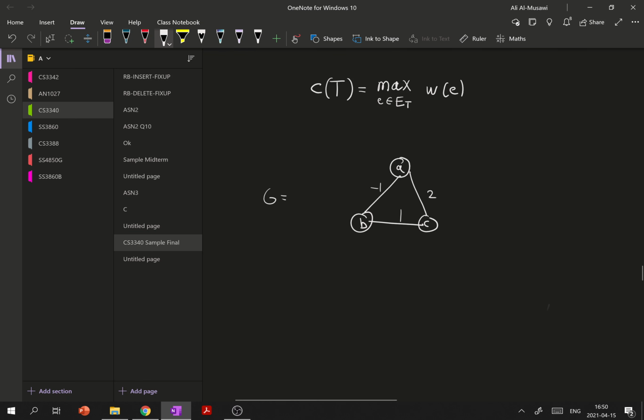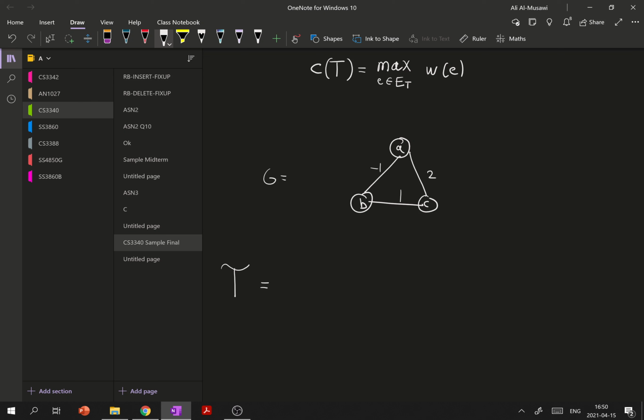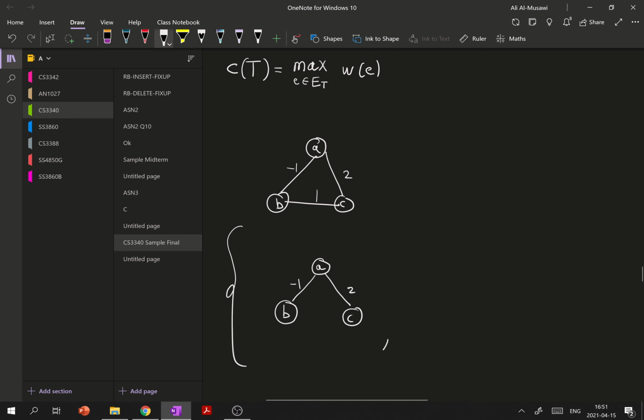It would be basically 3 of them. If we call the set of all spanning trees T, then let's draw the spanning trees. We have something like this one, A, and then C, -1, 2. There's one over here.